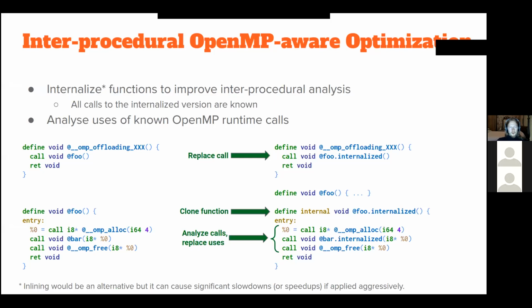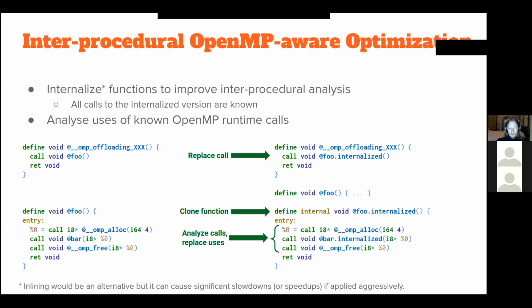So when we're doing interprocedural optimizations, we want to eagerly internalize all of the functions, because if we don't have internal linkage for these functions, then it's possible that some other program outside of the translation unit could call that function and invalidate our analysis. To combat that, we eagerly internalize these functions.